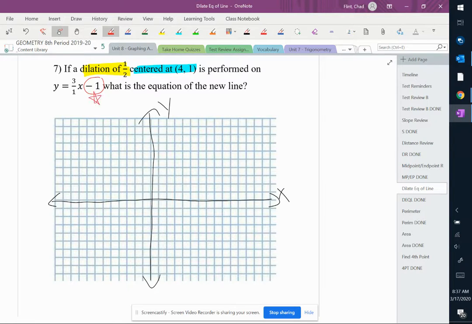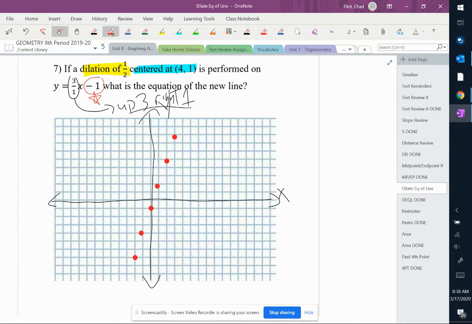I'm going to start at the y-intercept of -1, and then my slope is telling me to go up 3, right 1 to get some more points. And again, you can go the other way, which is down 3, left 1.